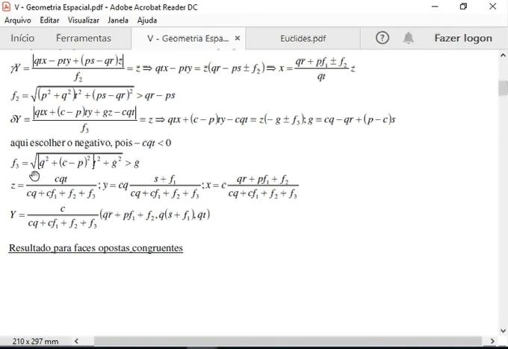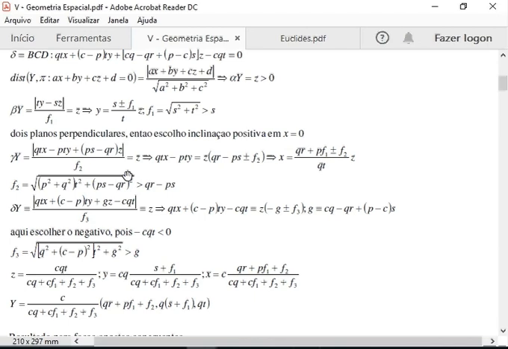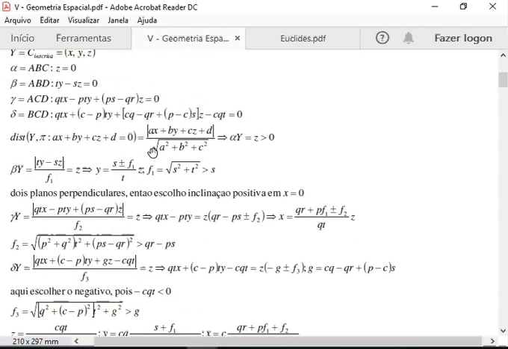F3 is the square root of Q2 plus (C minus P) squared times T squared plus G squared, which is greater than G. Note that we're using the square root of the coefficients of the plane.